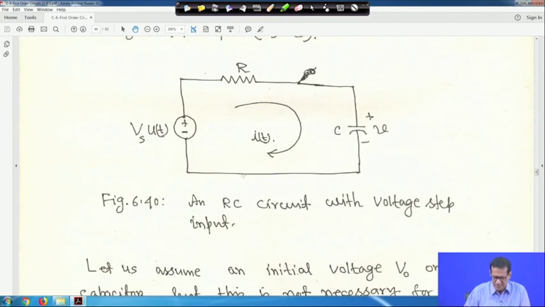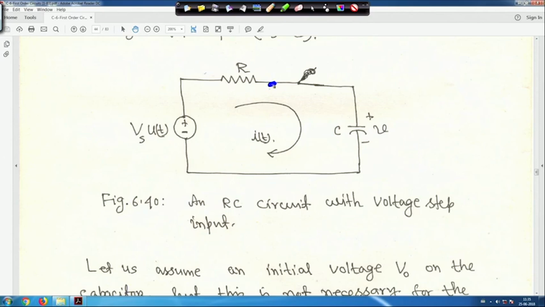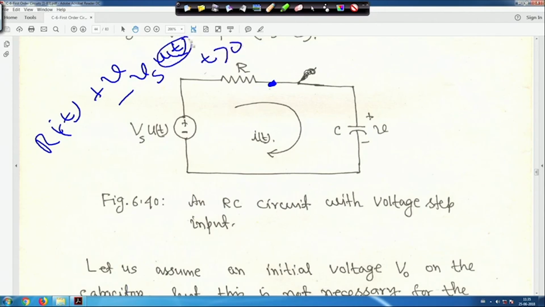Before moving further, just one thing: the current direction I have taken like this. First let us see what is i(t). You apply KVL: R times i(t), moving clockwise, plus V, minus Vs u(t). For t greater than 0, u(t) is equal to 1.